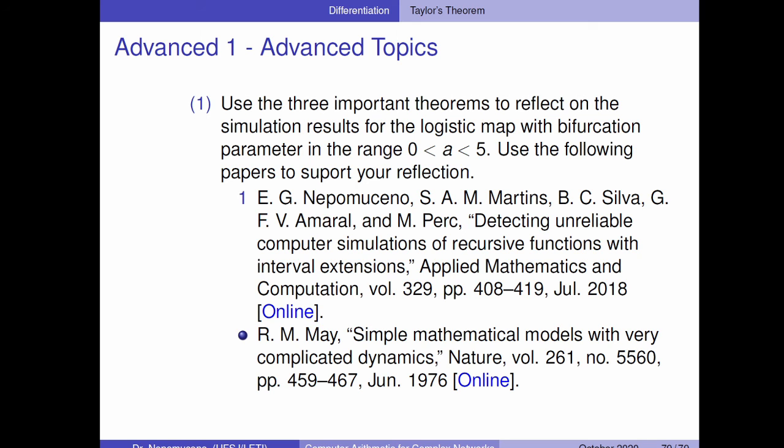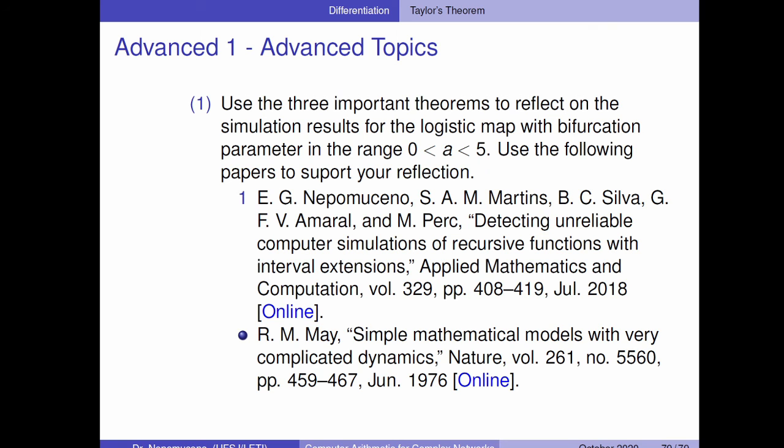You are not going to do this exercise at this point, just at the end of the course, but I'd like you to use the three important theorems to reflect on simulation results of the logistic map with bifurcation parameter in the range 0 is lower than a is lower than 5. Usually we think about the logistic map up to 4, and here I'd like to ask you to think about when a is greater than 4.